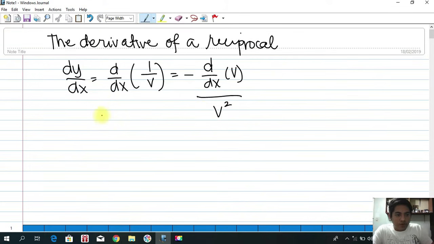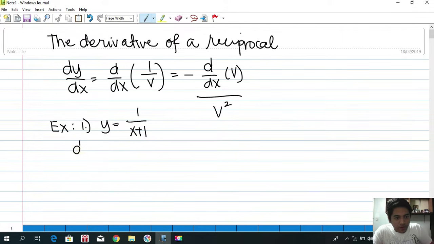Okay? So for us to understand this concept, we need to have an example. For our first example, let's say we have a function that is in terms of reciprocal, 1 over x plus 1. In this case, x plus 1 will be our v. So we shall be using again this formula in order to get the derivative of this function.